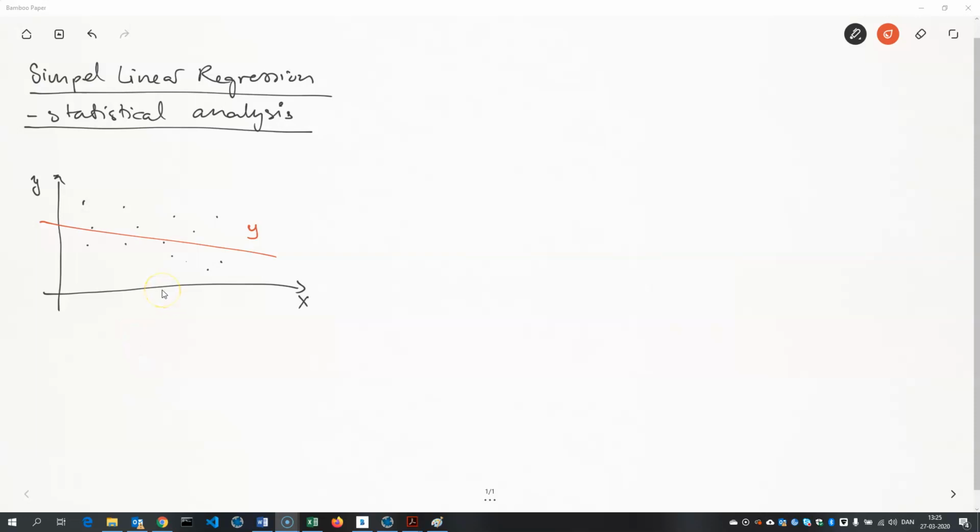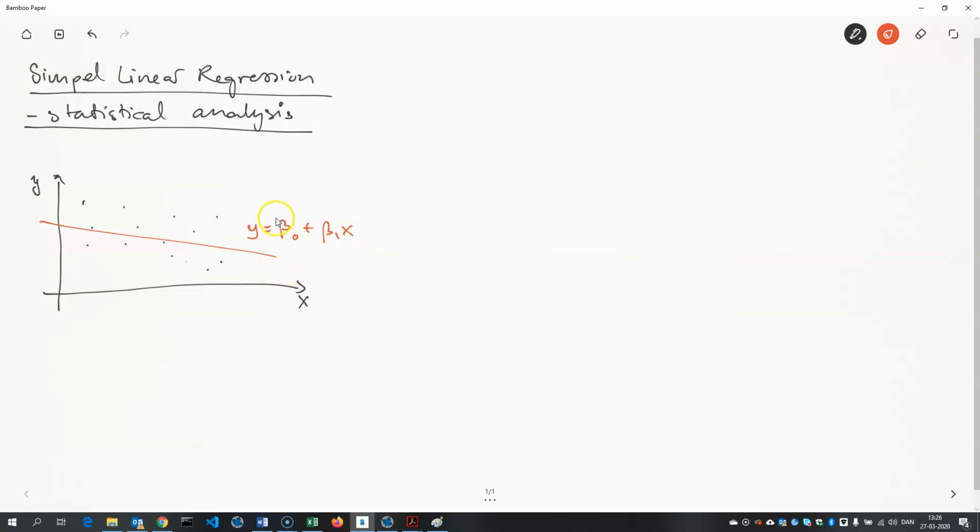So here we are, we've conducted a simple linear regression on our x and y data using the method of least squares from Gauss. And now we want to dig a little bit deeper into what we can actually say about this model here. So let's just assume our model looks like this: y equals beta naught plus beta 1 times x.